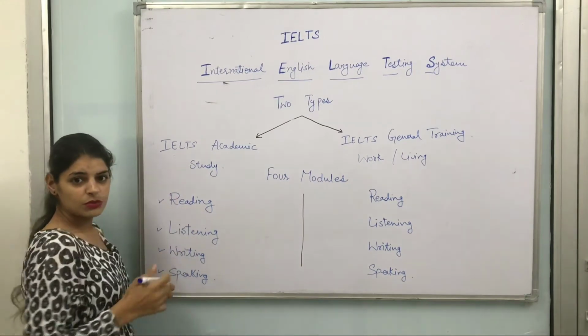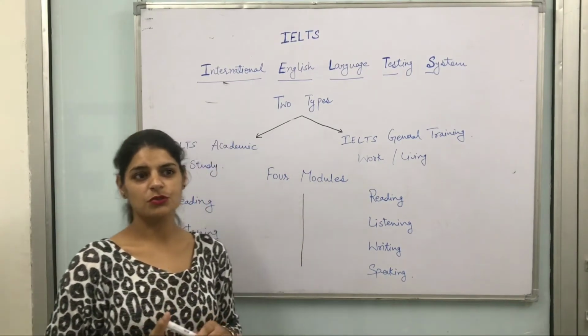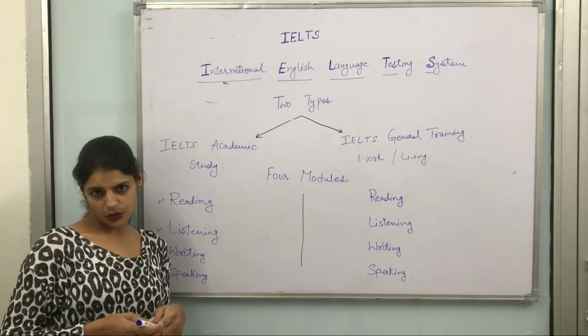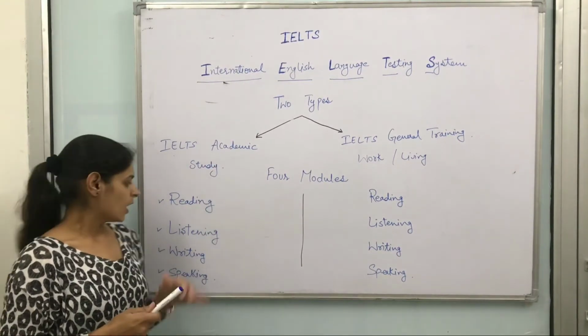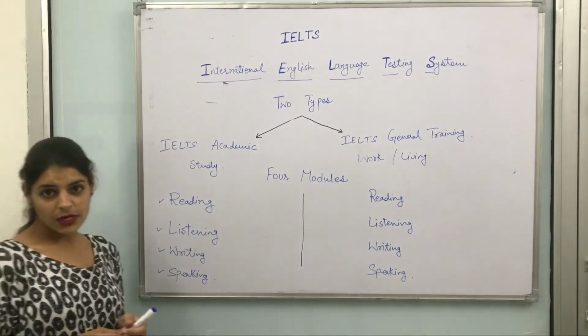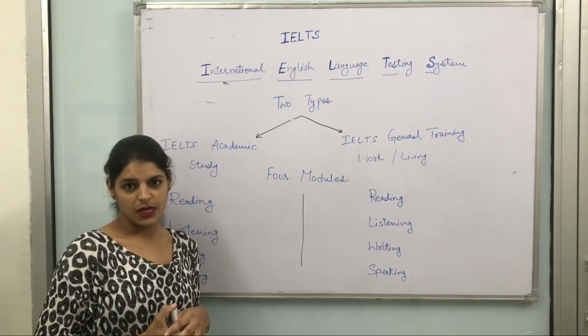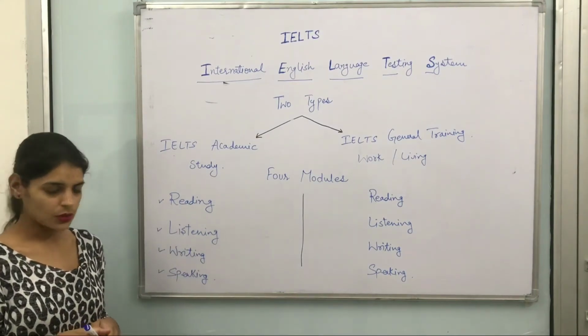In the reading module, there are a number of reading passages which you go through and attempt all the questions given by the test system. In listening, there is a booklet, and you have to hear the audio and answer the questions given in the booklet.